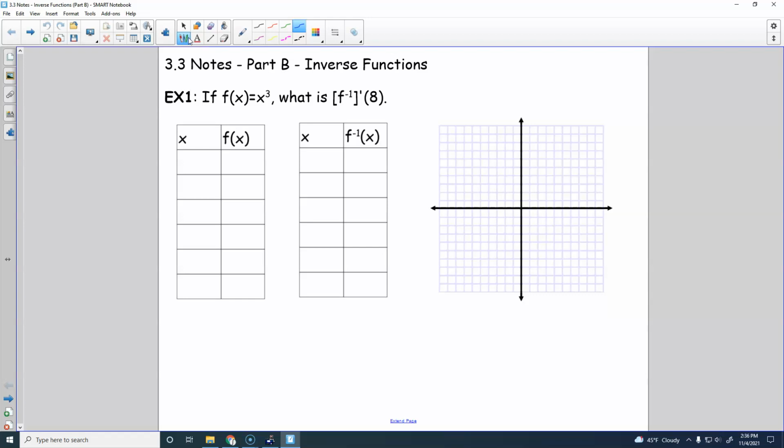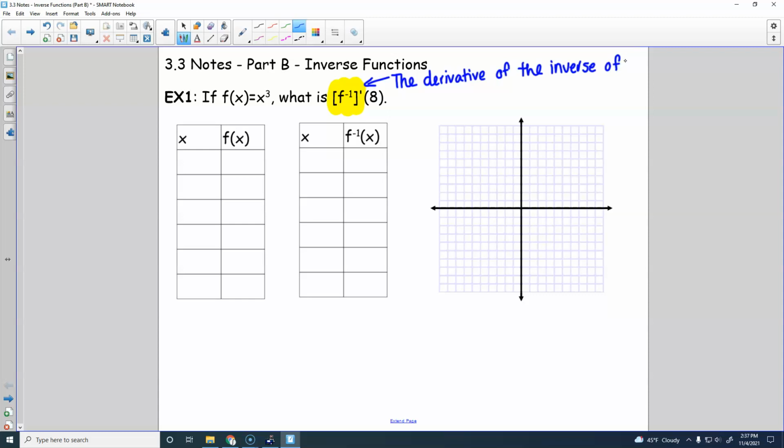What we're going to be looking for in these notes is finding f inverse prime. In this particular case, this is the derivative of the inverse of f.